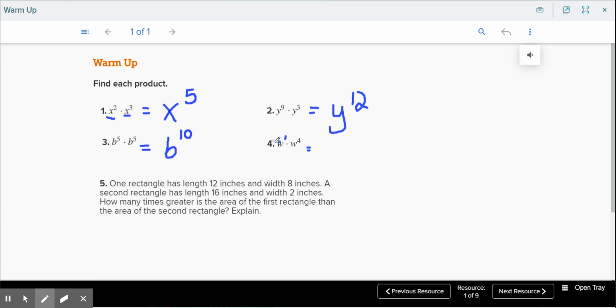So when we put those together, this would be w to the 5th. So make sure that you keep that 1 on any number that doesn't have an exponent attached to it. And then if you tried number 5, the first rectangle would be 3 times larger than the second. You'd have 96 divided by 32 for your two areas.